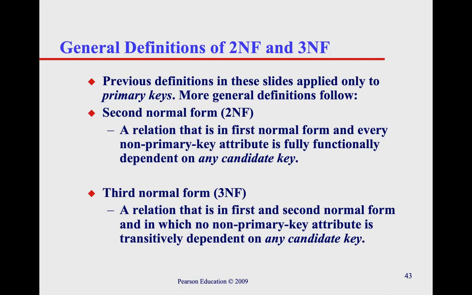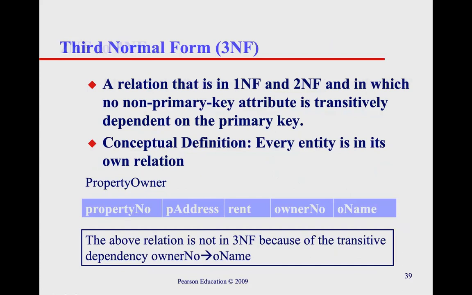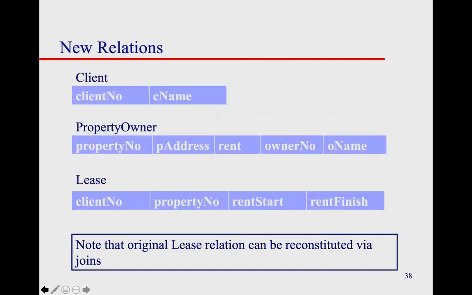When we got back here with this lease, the only attributes left in it were ones associated with the candidate and primary keys. So effectively, we had gotten it to this general third normal form.